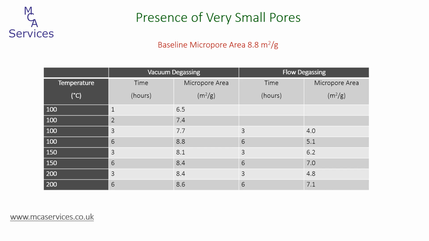And we've included the shorter degassing periods at 100 degrees to really show the progression of micropore area, or the increase in it. On the other hand, micropore areas via the flow degassing option remain low. Values aren't appreciably high, but again, that's because this material isn't overly microporous. But it would become a far more significant issue if we were considering a highly microporous material.